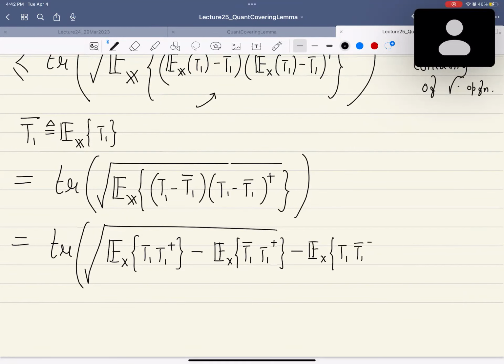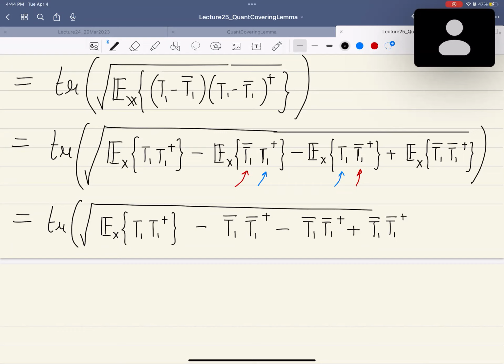So I claim it is T1 bar dagger, minus T1 bar dagger, plus this again, because there is an expectation of an expectation times an expectation. The outer expectation is redundant because you're taking the expectation of something you've already taken expectation of.